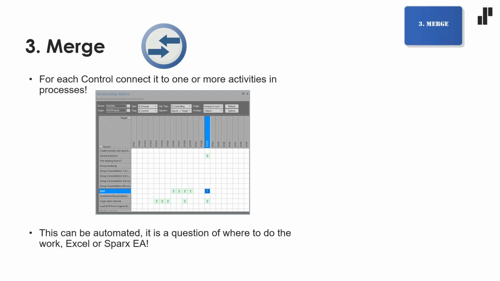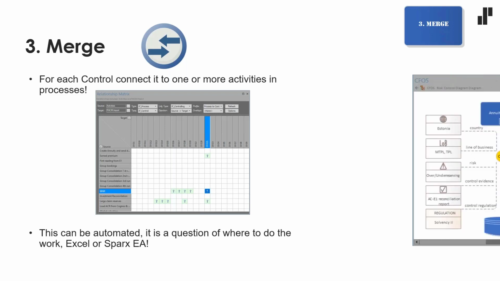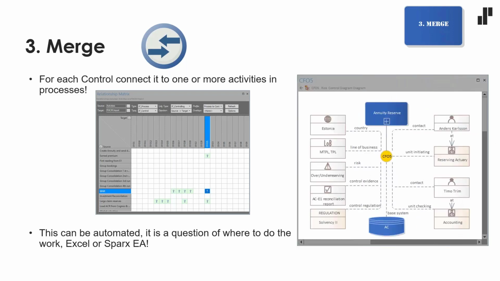It's of course possible to connect the controls to processes by using automation and looking up the processes, but I don't really trust that, because you might have a misspelled process name or something in the Excel sheet. So I prefer to know what's actually happening. And then you can add the activity where it's done to the diagram.